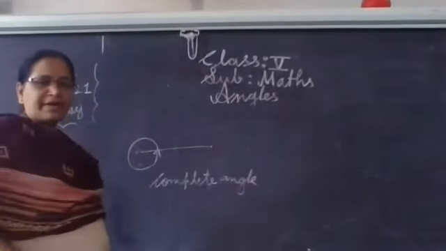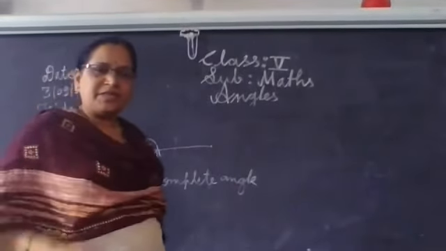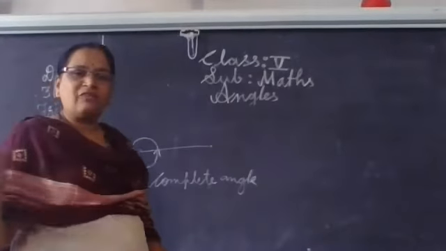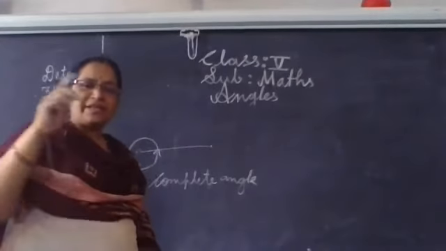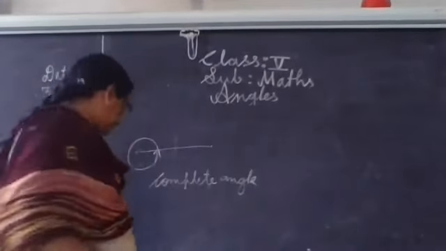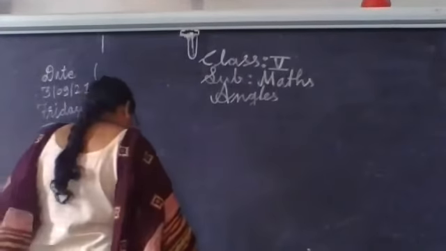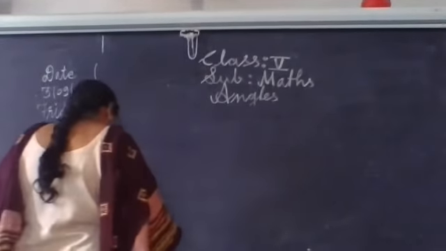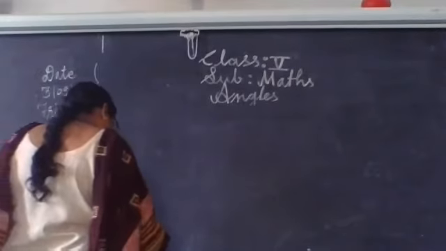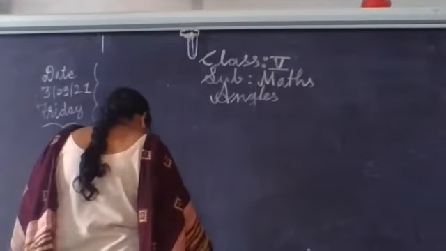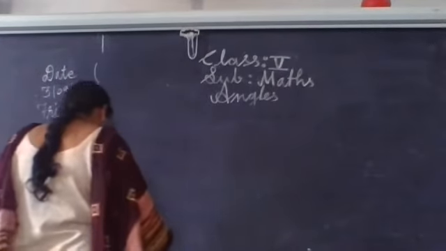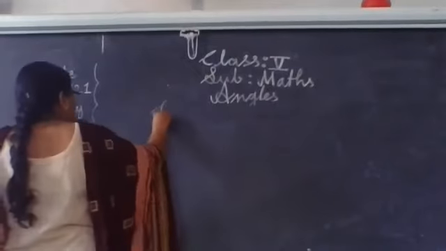The measure of a complete angle is 360. The measure of a straight angle is 180. The measure of a right angle is 90. Now here you have to fill in the blanks.